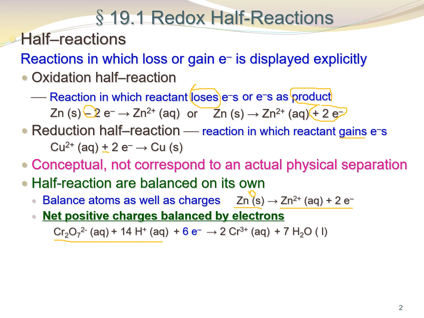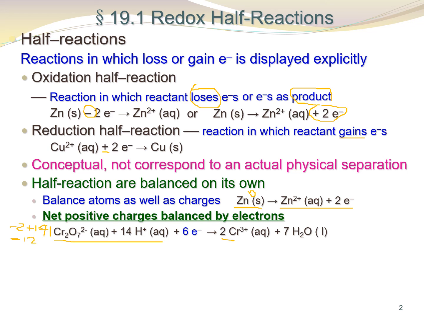There is 1 species of the anion with a 2 minus charge, so that's 1 times 2 negative, that's negative 2. 14 protons, total 14 plus charge. So negative 2 plus 14, we have 12 plus charge.